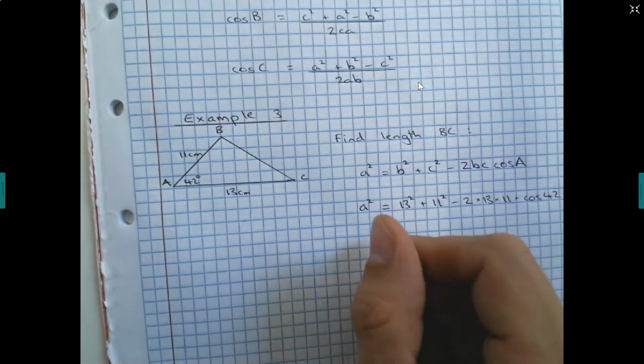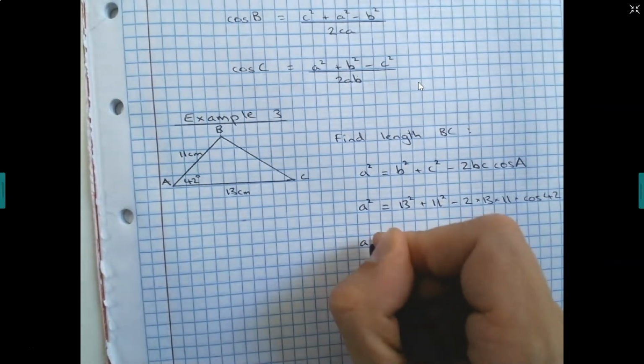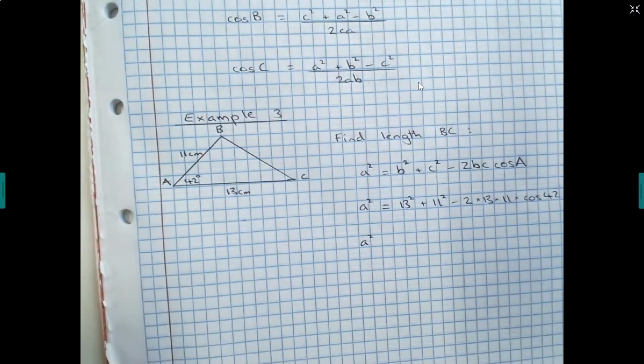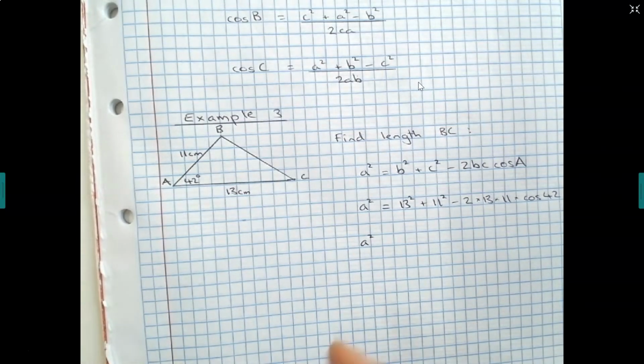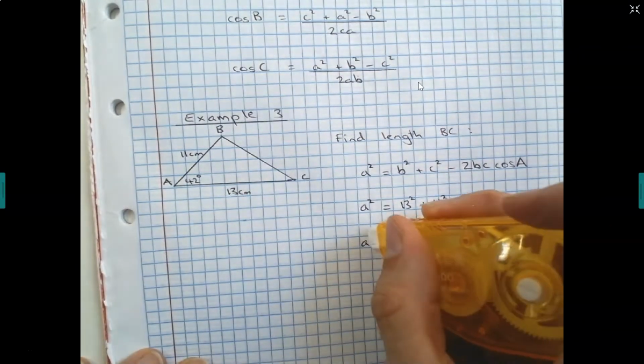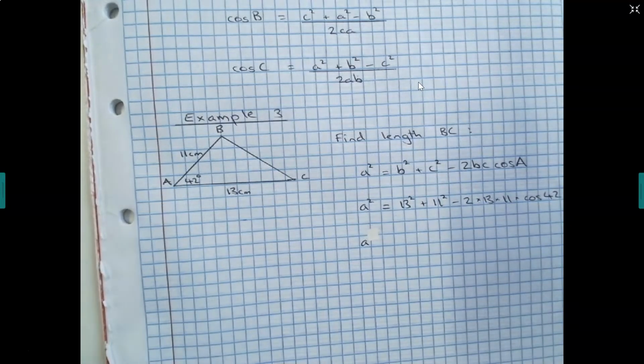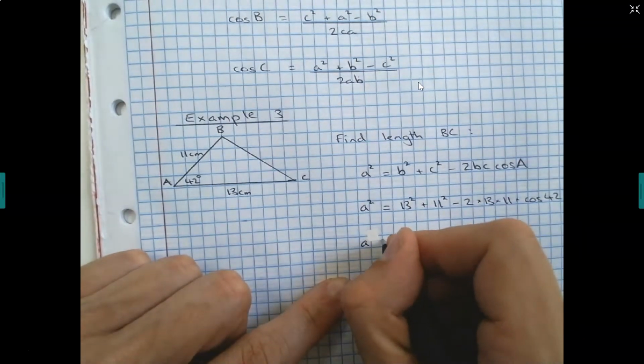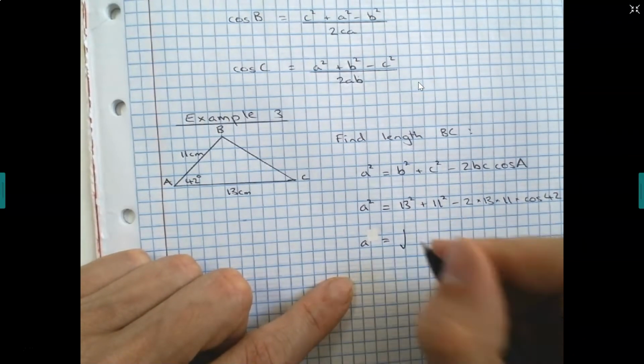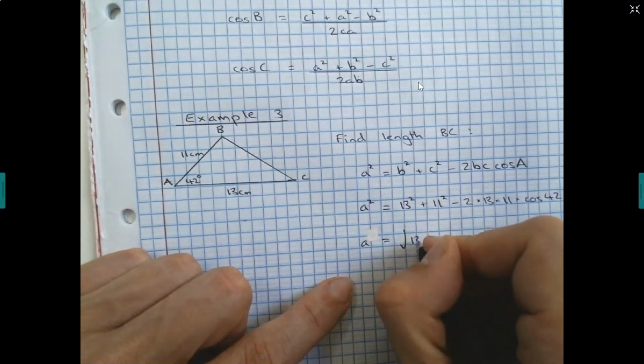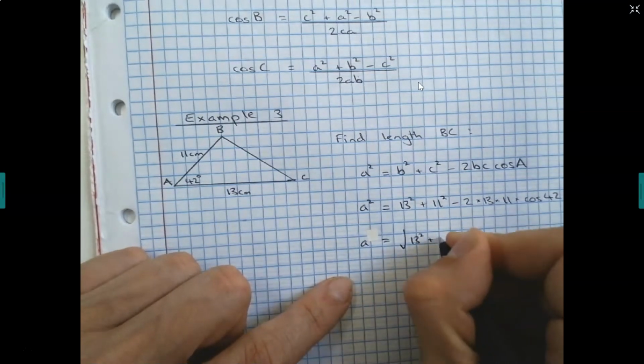And therefore a, not a squared, will be equal to the square root of everything from above.